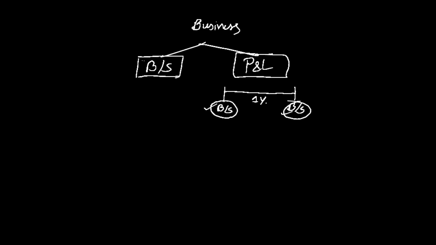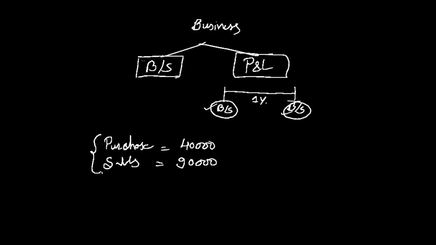Now in the business, suppose he purchases goods worth rupees 40,000 and sells the goods at 90,000. Apart from these two transactions, he also pays the rent.